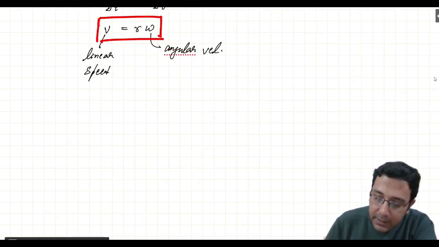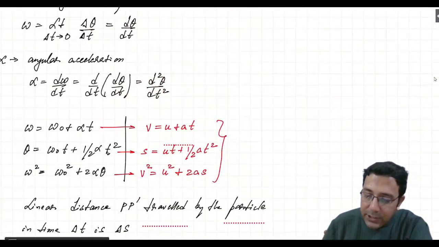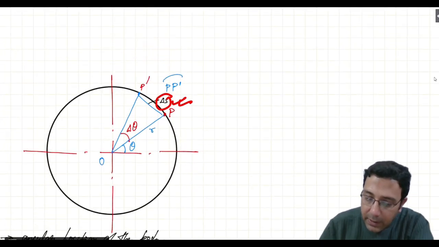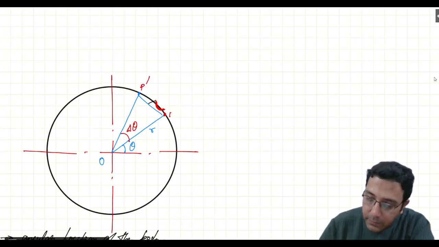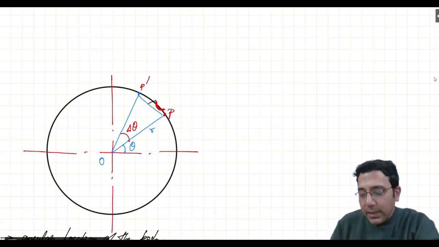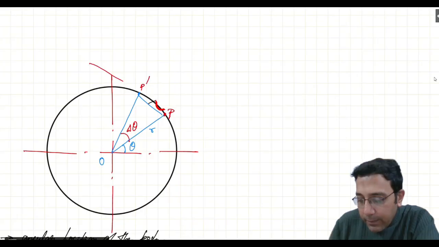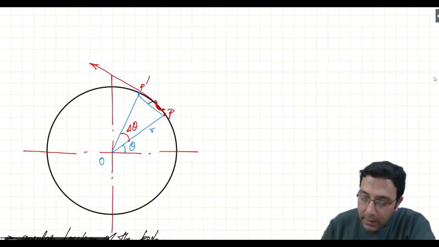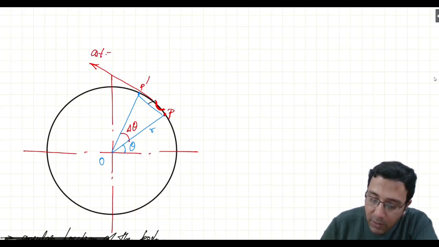Now we'll see that the tangential component of acceleration is dv by dt. How do I mark the tangential component of acceleration in this figure? As the particle was going from P, if I draw a tangent here, this is my direction of tangential component of acceleration, which I am writing as dv by dt.